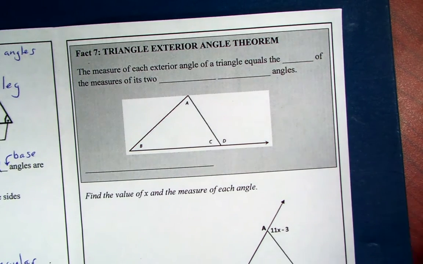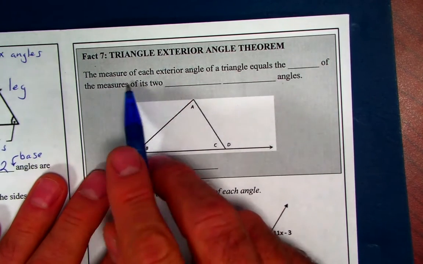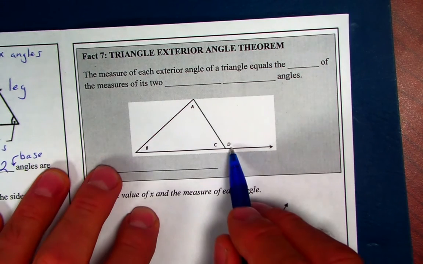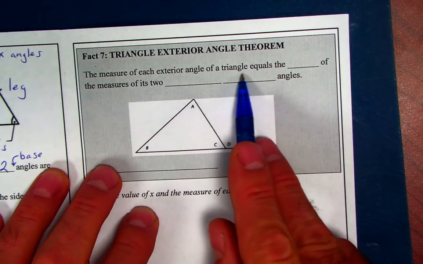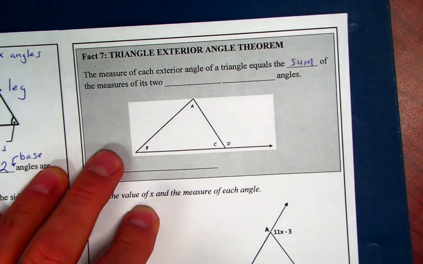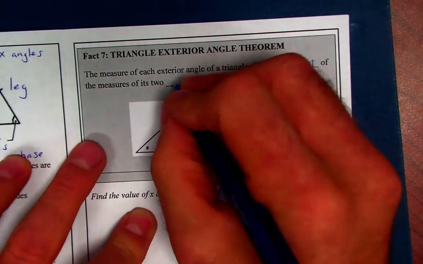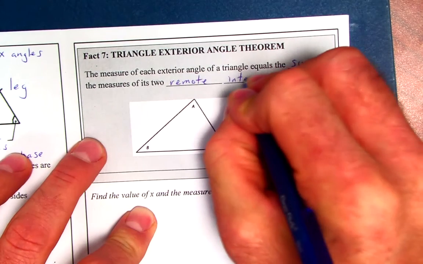All right, so this last fact is the triangle exterior angle theorem. Okay, so I'll read it. The measure of each exterior angle, here we see just one, D, of a triangle equals the sum of the measure of its two remote interior angles.